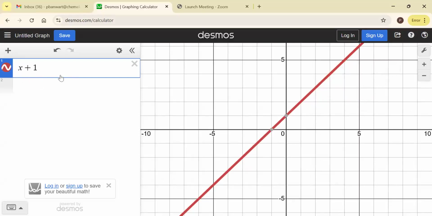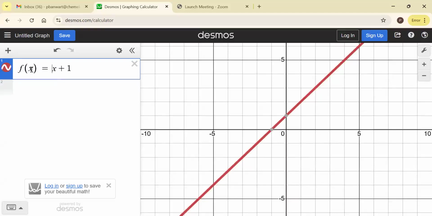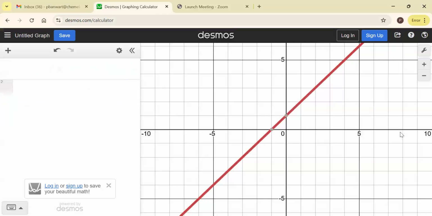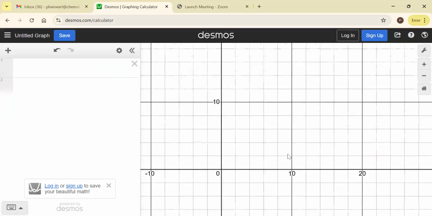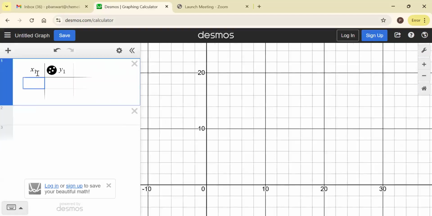You can even, and we'll get into this a little bit later, if you haven't seen this notation before, this is a symbolic representation. And once I define my function as the input plus 1, now I can see what the output is when the input is 4. And these are just a few of the capabilities. And the one we're going to use is the ability to do a table.